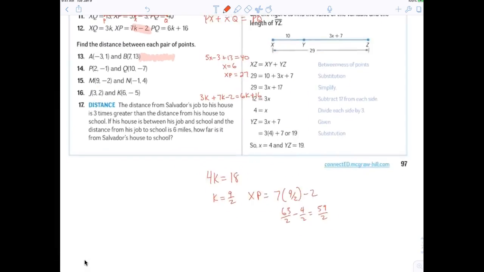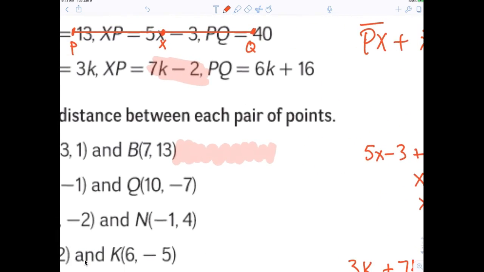Because it's in this equation right here, XP is 7 times k minus 2. Plug it in. That's it. Any questions with that?